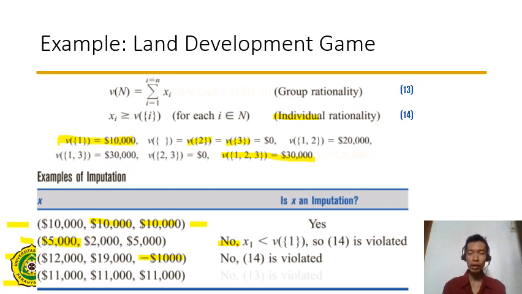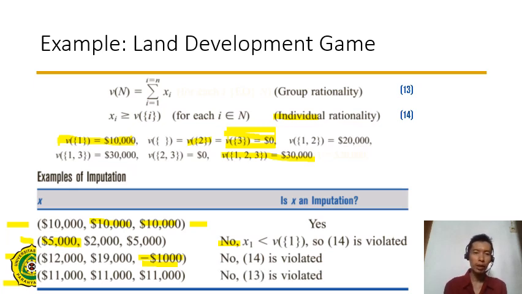It is not rational from the viewpoint of this individual, because if player 3 acts by himself or herself, he or she receives 0. So this is not rational because it gives a reward of minus 1,000. So again, this is not an imputation.